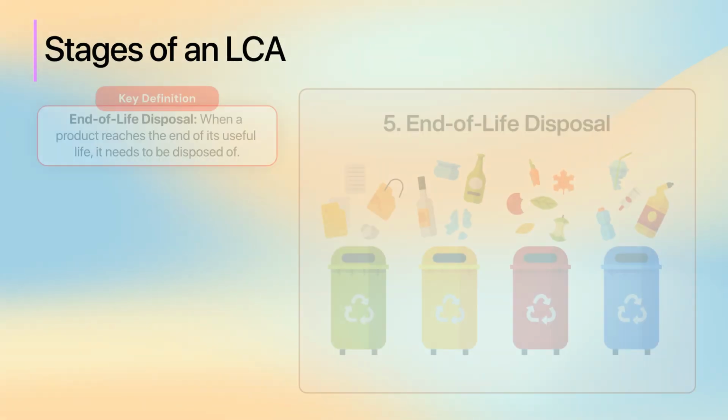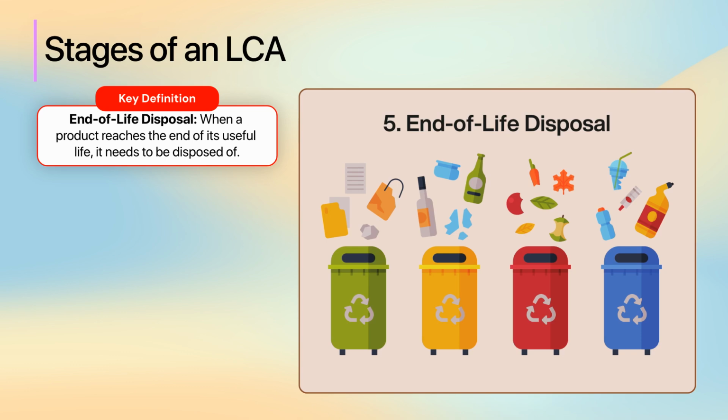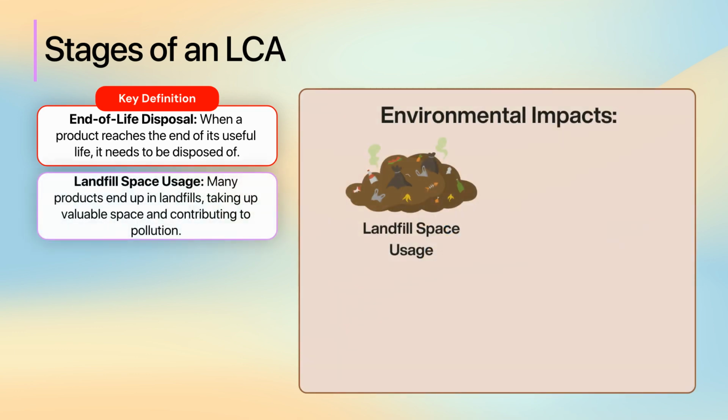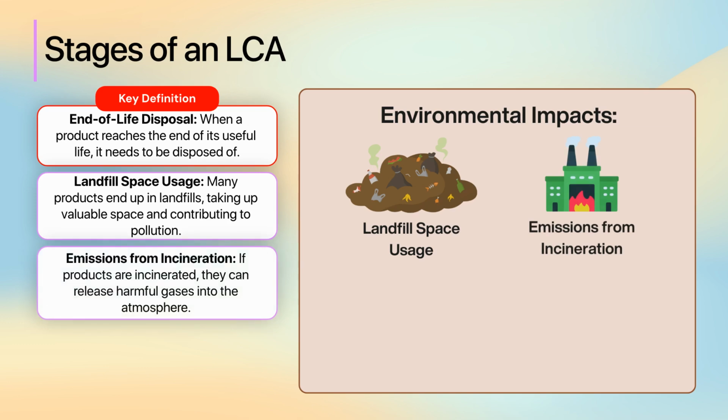Finally, we have end-of-life disposal. When a product reaches the end of its useful life, it needs to be disposed of. This stage can have multiple environmental impacts, such as landfill space usage. Many products end up in landfills, taking up valuable space and contributing to pollution. Emissions from incineration. If products are incinerated, they can release harmful gases into the atmosphere.